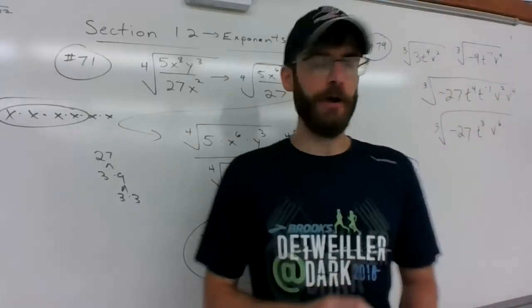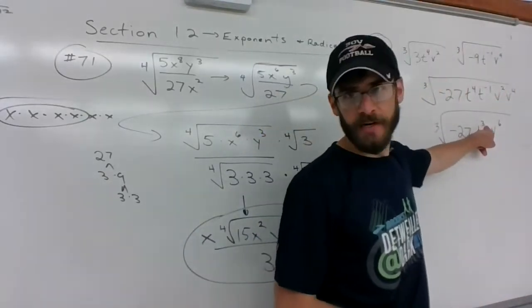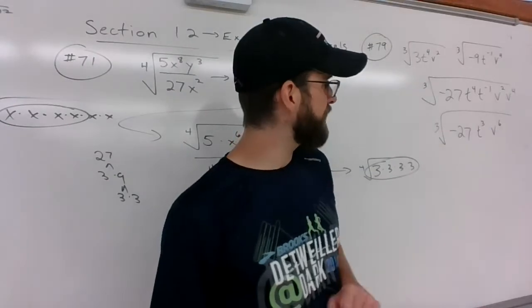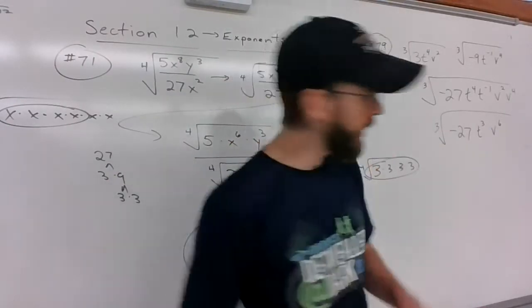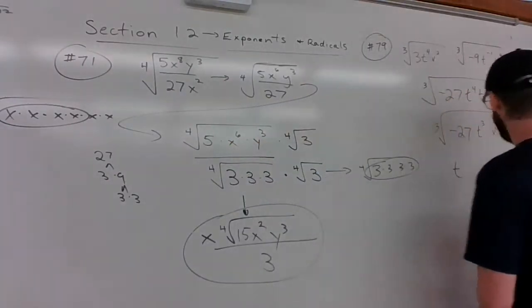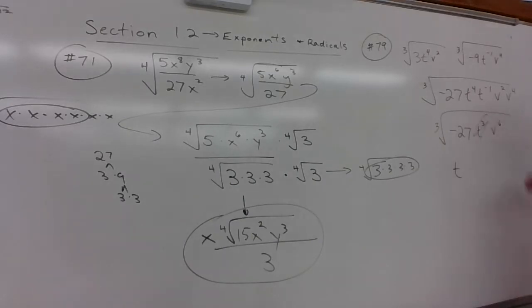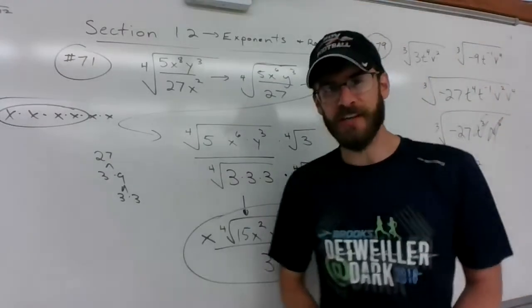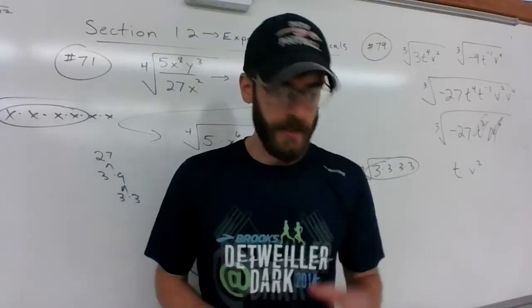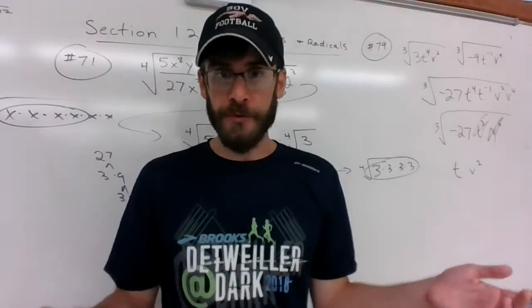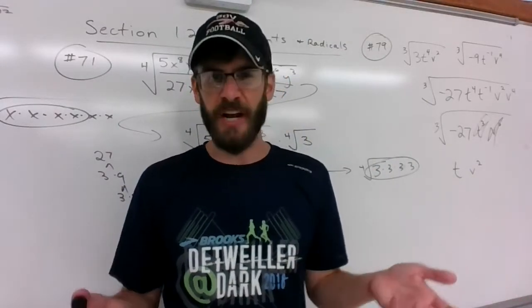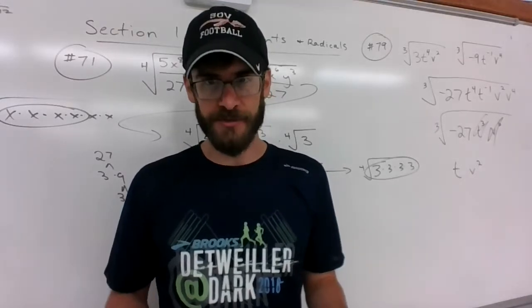We just talked about how you can divide the power inside by the root on the outside. 3 divided by 3 is t to the 1 power. Completely getting rid of that. This is going to be v to the 6 divided by 3, which is v squared. That's gone. And then actually, this is interesting. A lot of people have a misconception that if you see a negative under a root, it's automatically some kind of weird imaginary number situation.